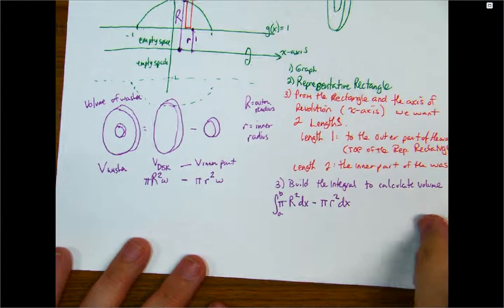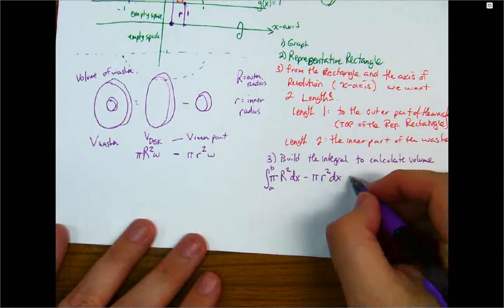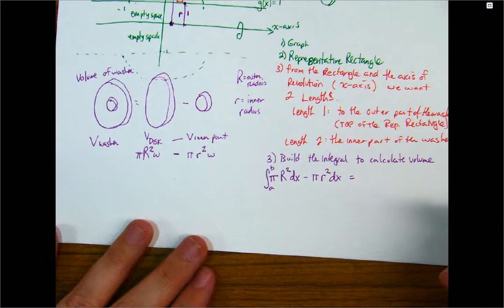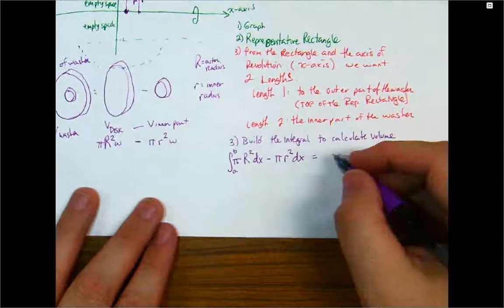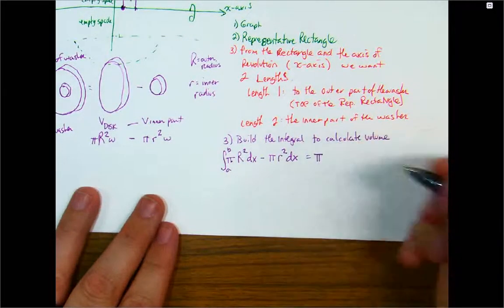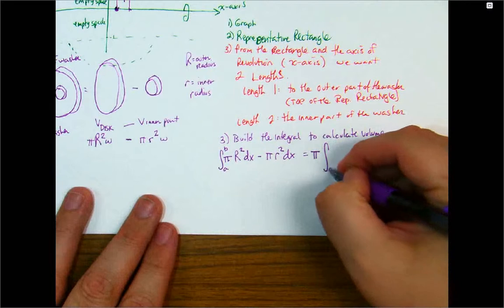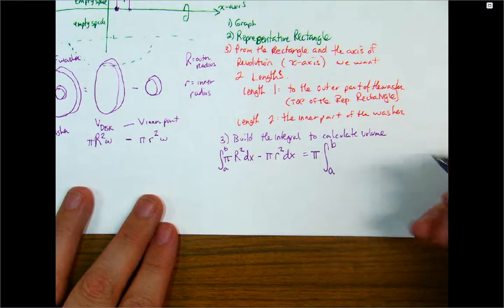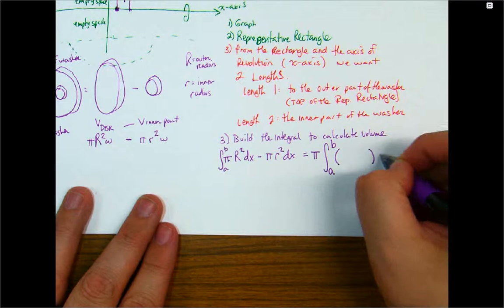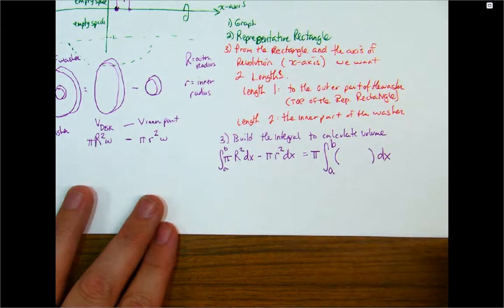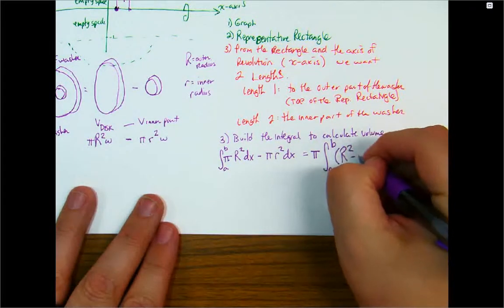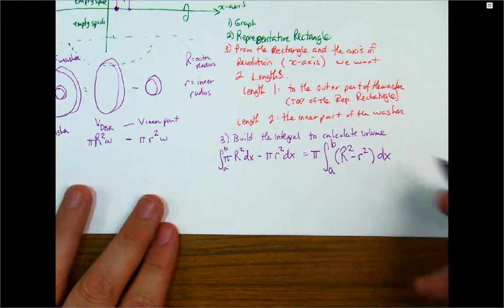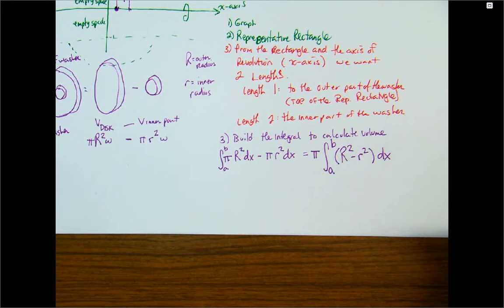And if we do some fancy factoring, pi's can come out, can't they? So pi will come out. The dx can come out because we can factor out a dx from both of them, and it just becomes the outer radius minus the inner radius. The outer radius squared minus the inner radius squared, which is essentially top squared minus bottom squared. So again, we're using the whole top and bottom idea.